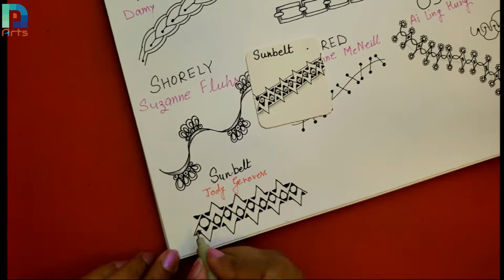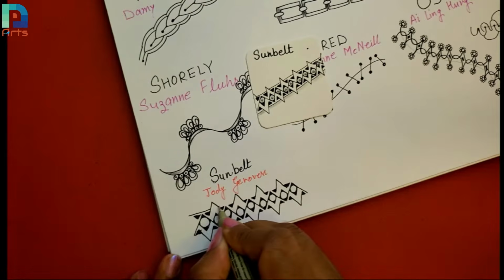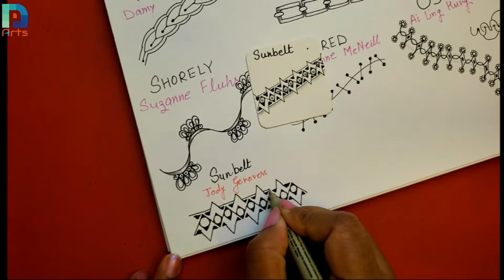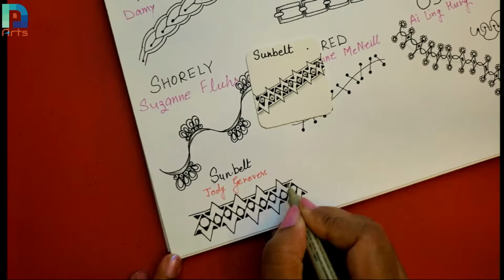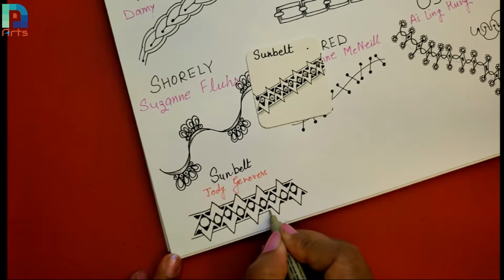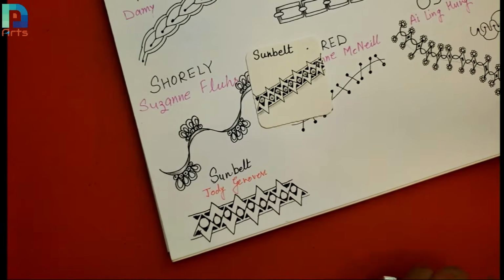And after this, we are going to draw a straight line on the top, stopping where these triangles are, as well as at the bottom. Now shading is your choice, how you want to shade them.